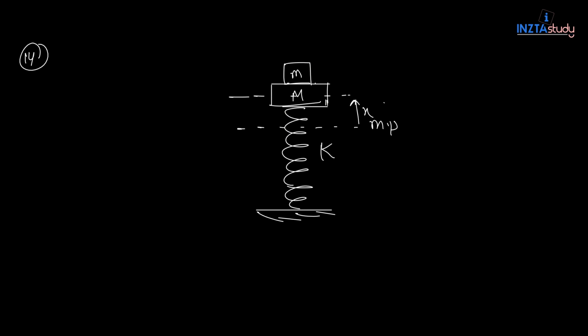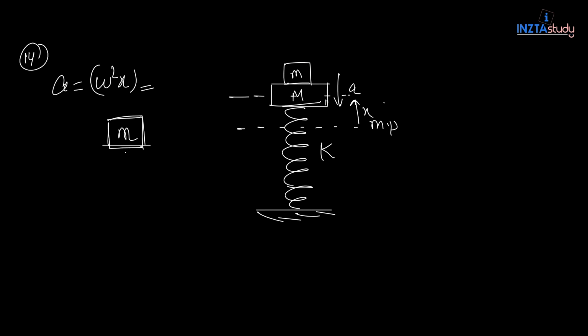So if this smaller block is moving along with this bigger block, both will perform a simple harmonic motion. At this location, suppose the acceleration of both blocks is a. So a is nothing but omega square into x. Now let us draw the FBD of m.